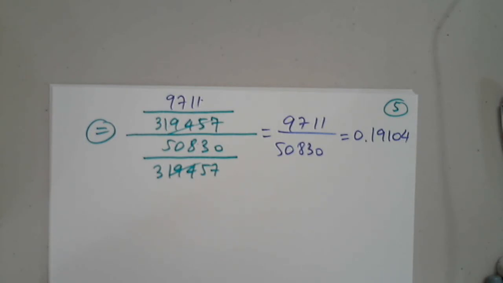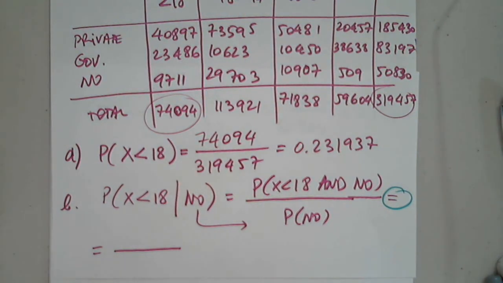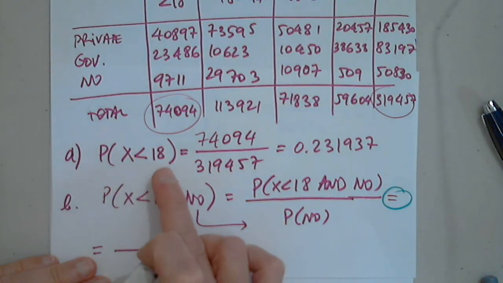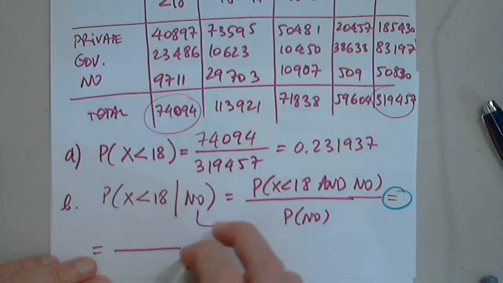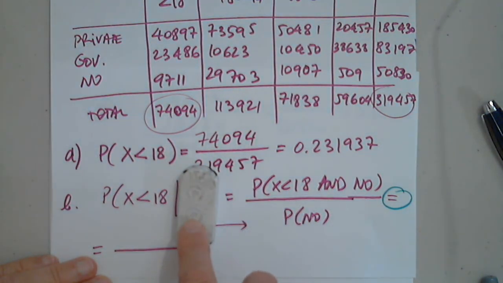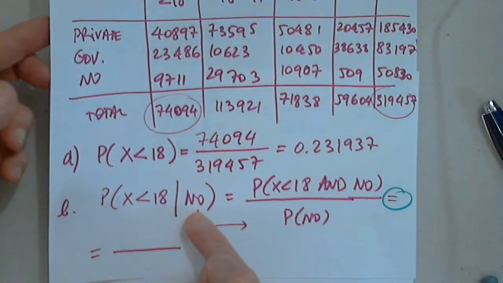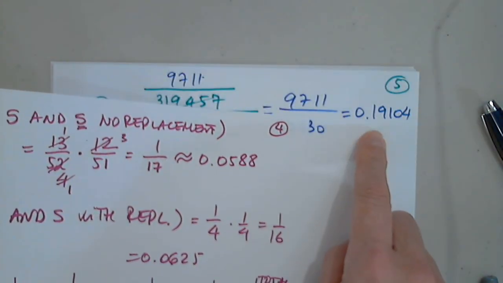Finally, are these events, less than 18 and no health insurance, independent? Remember, we did this kind of example last time. If the events are independent, then the probability of less than 18 is this, and knowing this should not change the answer if they are independent. But this changes the answer to this.